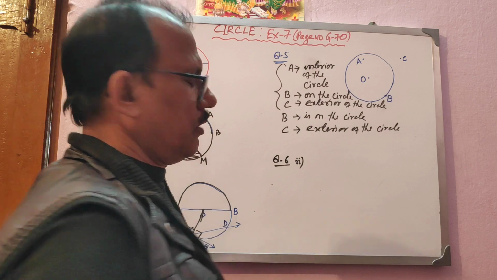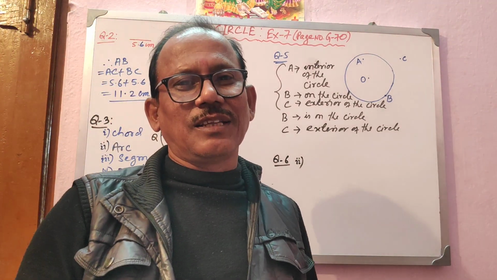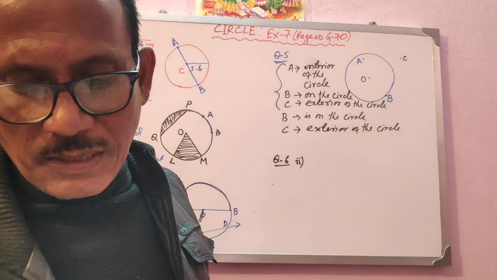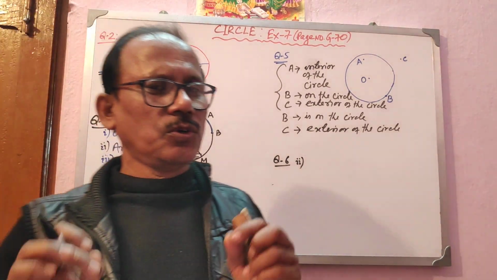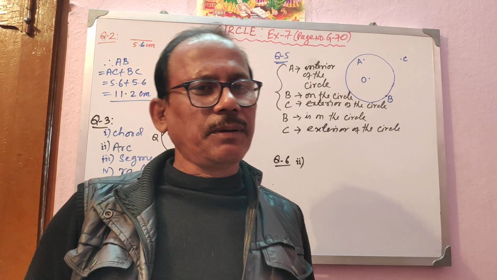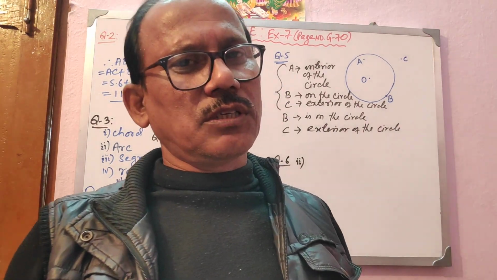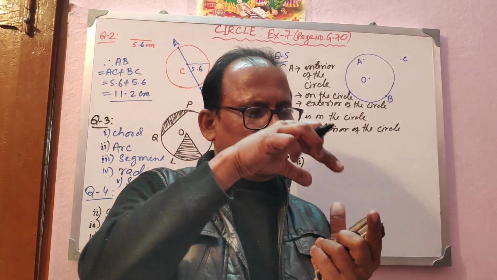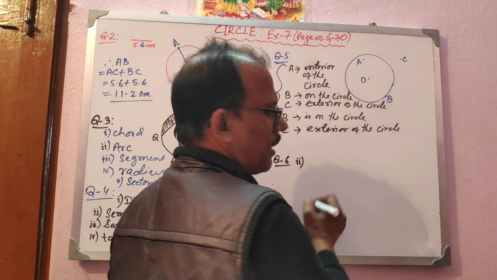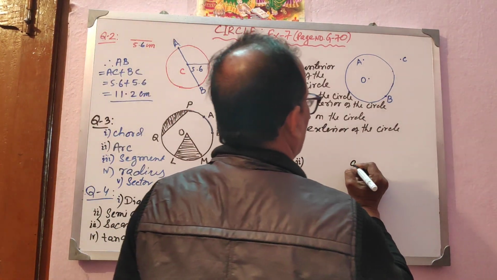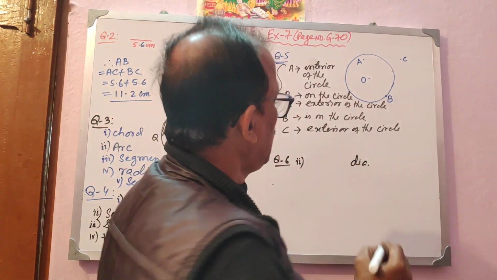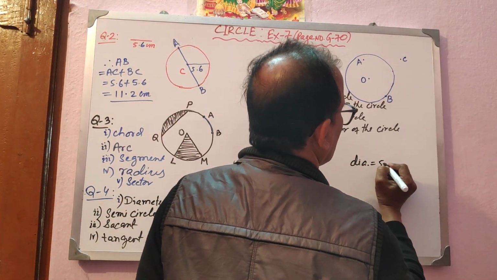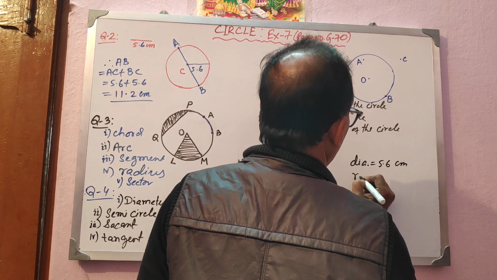Okay. Now you have to construct the circle. Suppose I have taken question number 6.2, where the diameter is given. You divide it by 2, and whatever measurement you get, you draw a line of that length. Suppose the diameter is 5.6. So the radius will be how much?